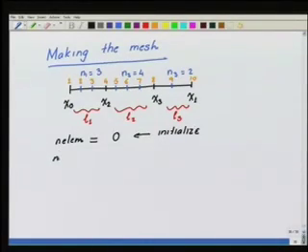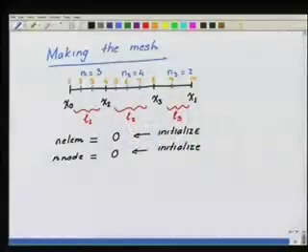Further, we say that the total number of nodes is given by NNODE. We are going to initialize this also. These things are very important. Initialization of these quantities is very, very important.